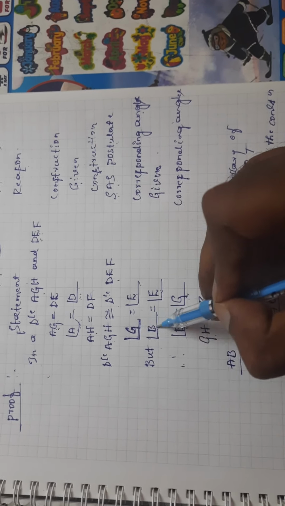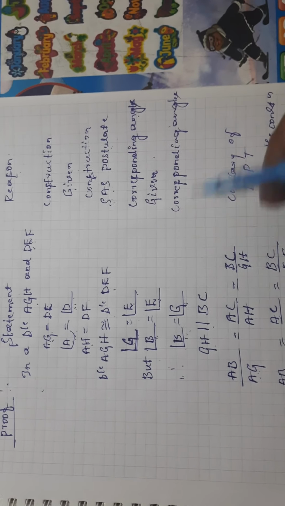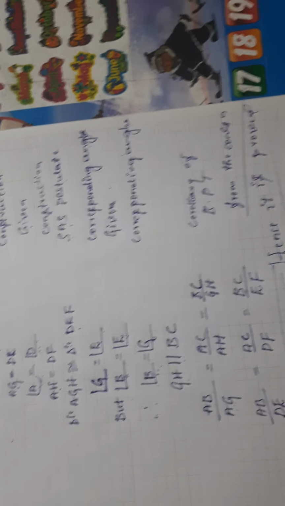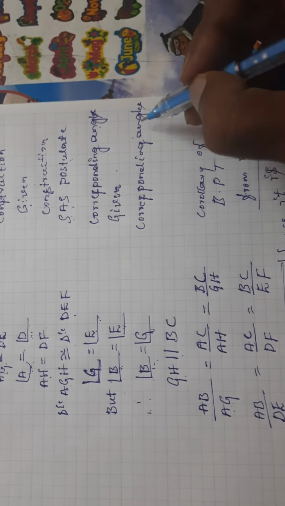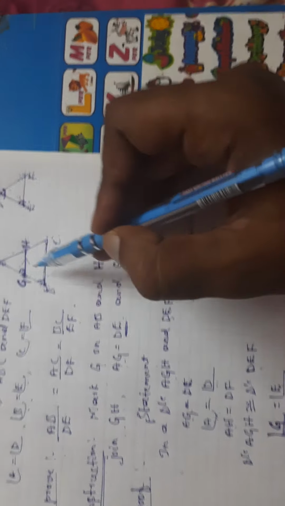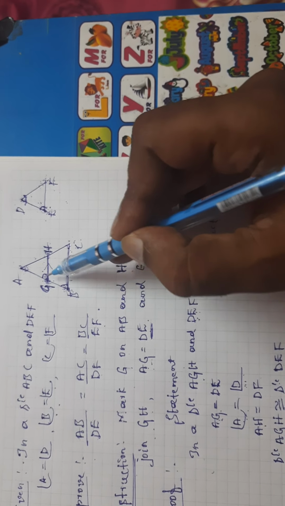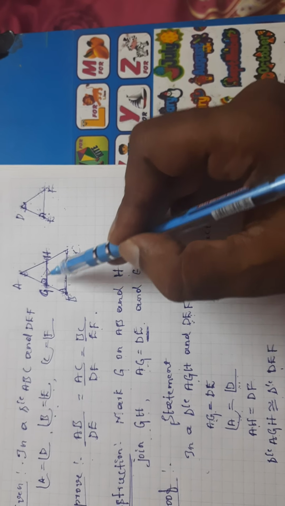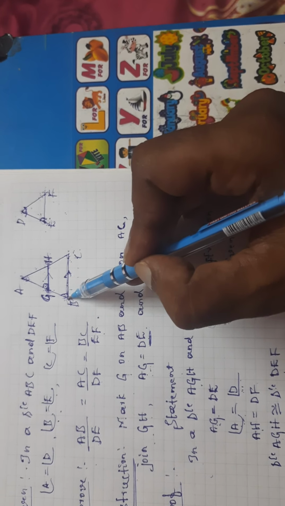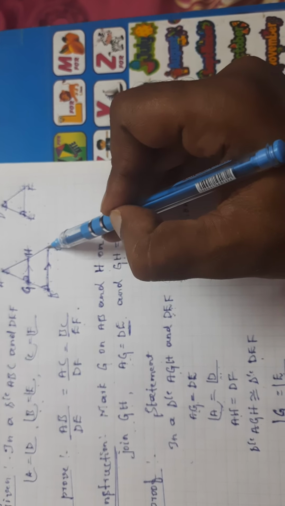So the third one, that is angle B is equal to angle G, using corresponding angles. So angle B and angle G are corresponding angles that are equal. That means they are parallel to each other, that is GH is parallel to BC.